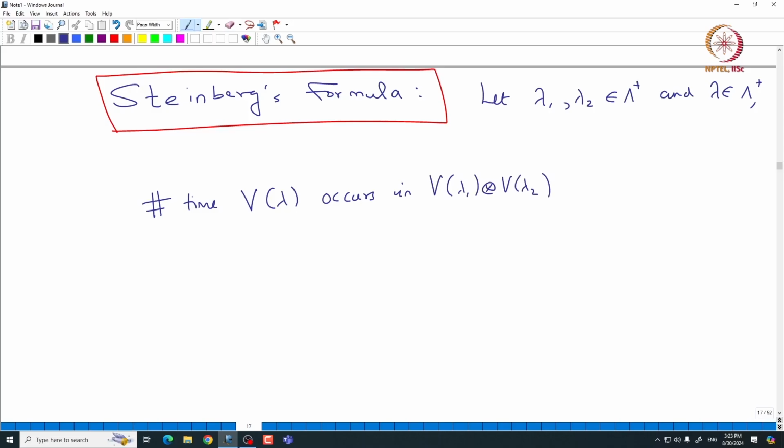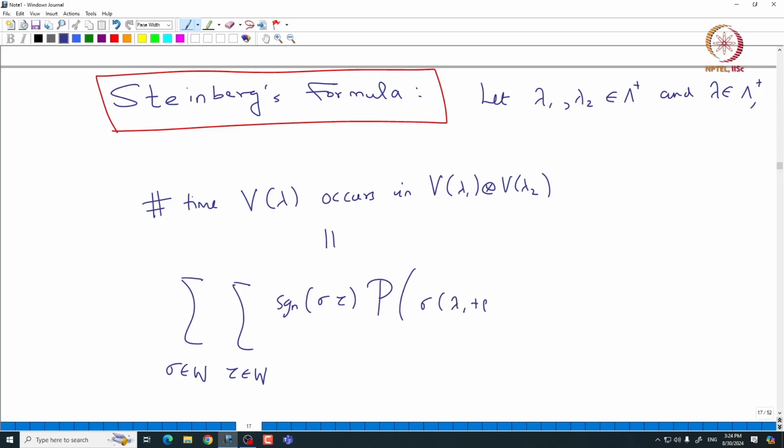We want to count this number. This number is given very explicitly by this double sum. You sum over sigma and then sum over tau, and then you take sine of sigma tau times the constant partition function applied on these elements: sigma of lambda 1 plus rho plus tau of lambda 2 plus rho minus lambda plus 2 rho.